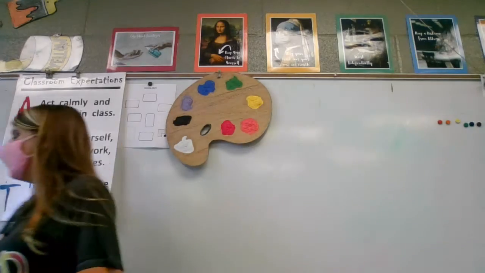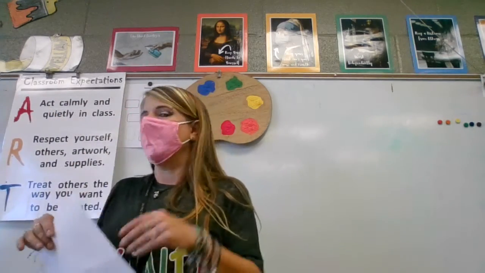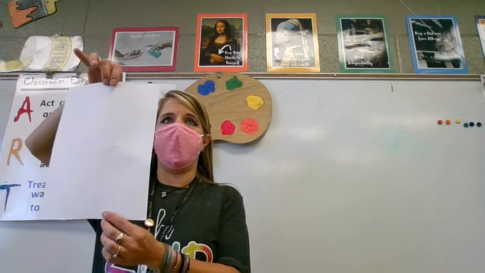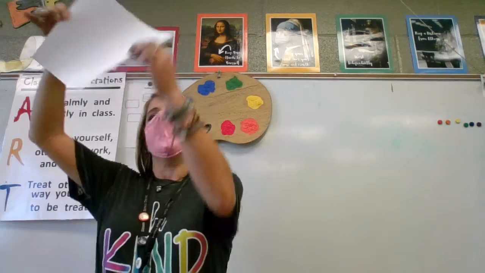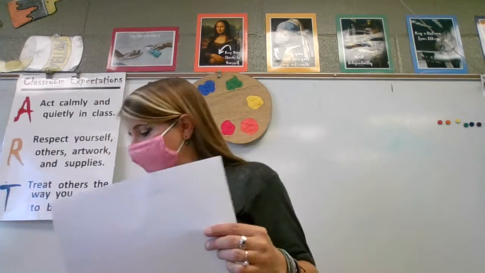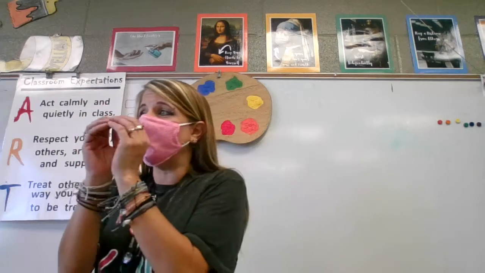Okay, class. Eyes up here. You can turn your paper whichever direction you want. It could go portrait style or landscape. Now, when you draw your first shape that we're going to pick in just a minute, you can draw it really big or small, but you don't want to draw it too small.